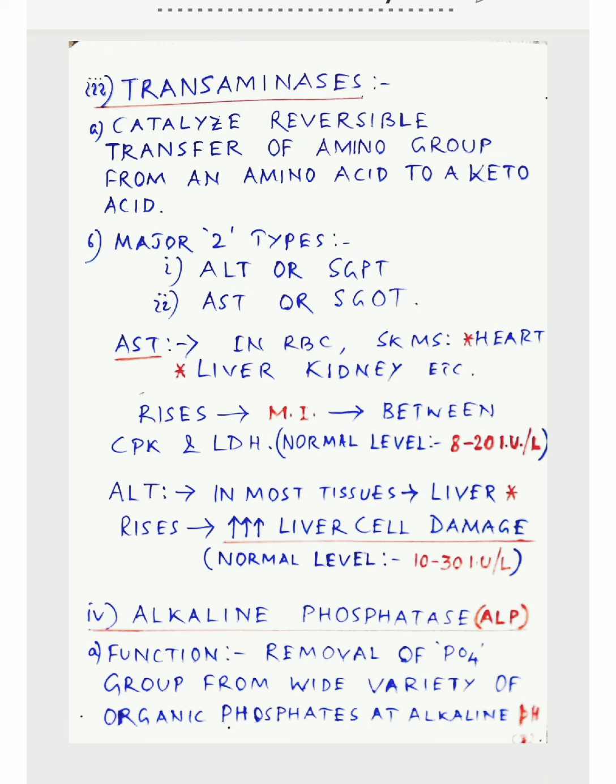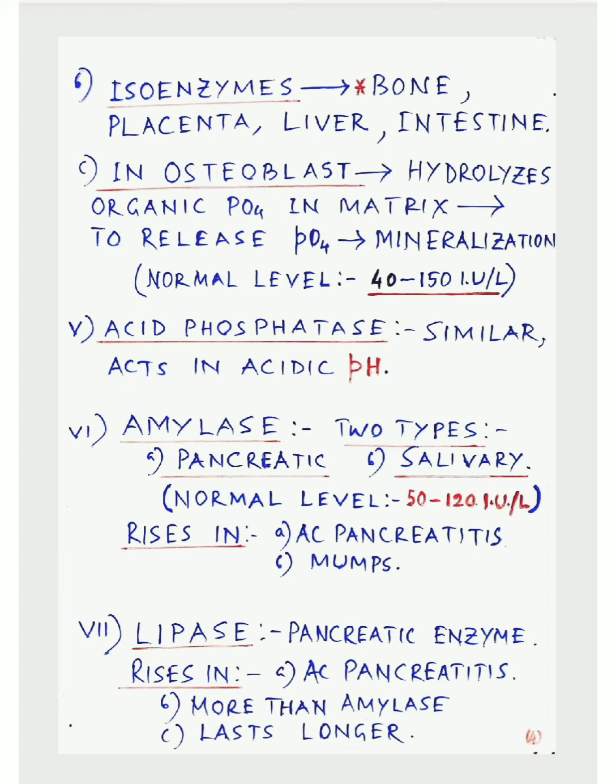Normal level is 3 to 13 King-Armstrong units per deciliter or 40 to 150 international units per liter. In children, levels up to 20 King-Armstrong units are normal. One King-Armstrong unit is defined as the amount of enzyme activity capable of producing 1 milligram of phenol in 15 minutes at 37 degrees centigrade from phenyl phosphate.